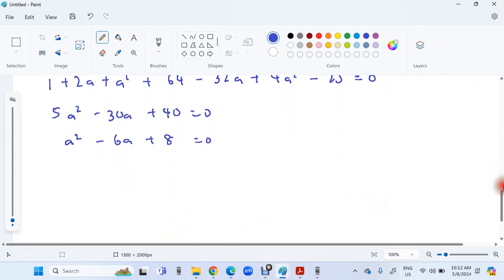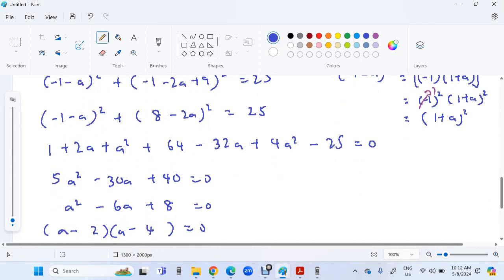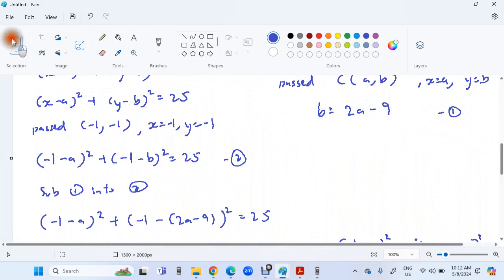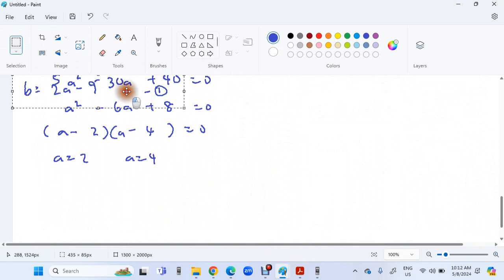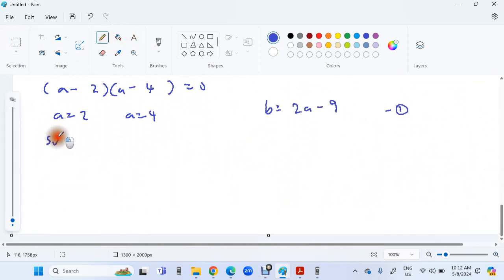Okay, so over here, we do the factorization. Then we have (a - 2)(a - 4). Then we have a equal to 2, a equal to 4. So we can sub a equal to 2 and a equal to 4 into equation number 1. So we sub a equal to 2 into equation 1, then b equals 2(2) minus 9, 4 minus 9, then it is -5.